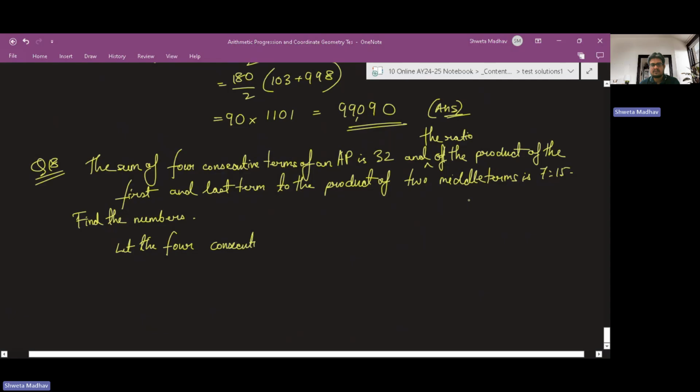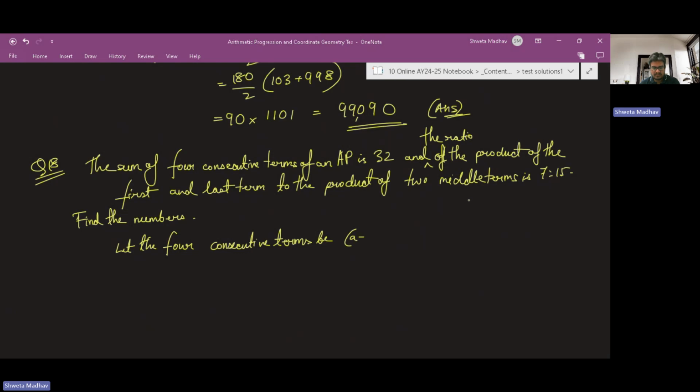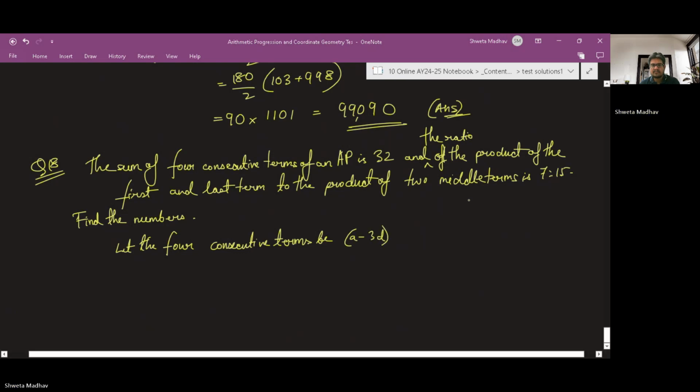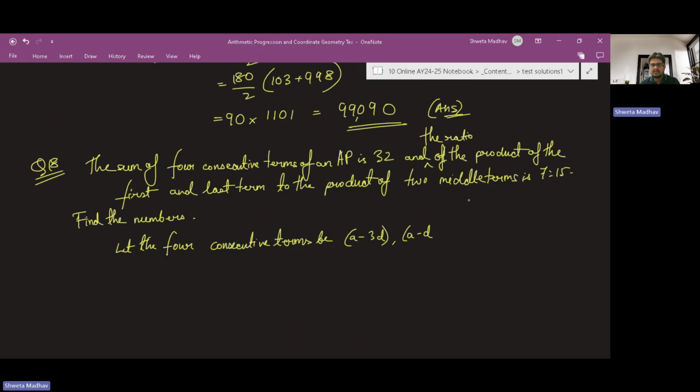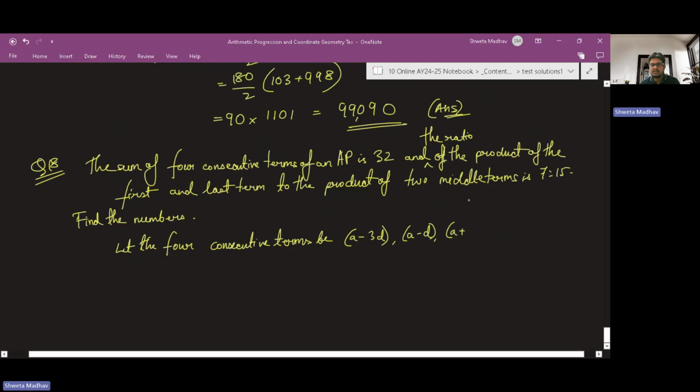Let the 4 consecutive terms of the AP be a minus 3d, a minus d, a plus d, and a plus 3d respectively.